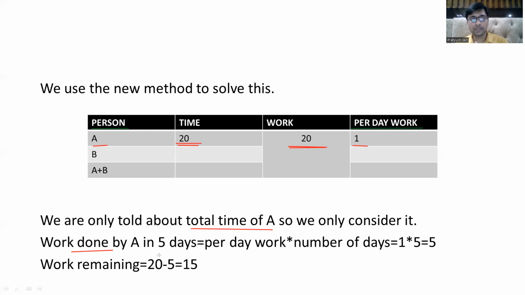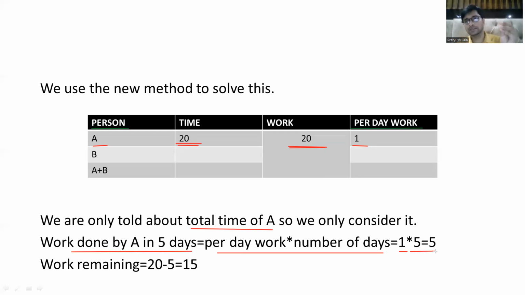So work done by A in 5 days will be his per day work into number of days. His per day work is 1 unit into number of days, which is 5. So A has performed 5 units of work and then he leaves.